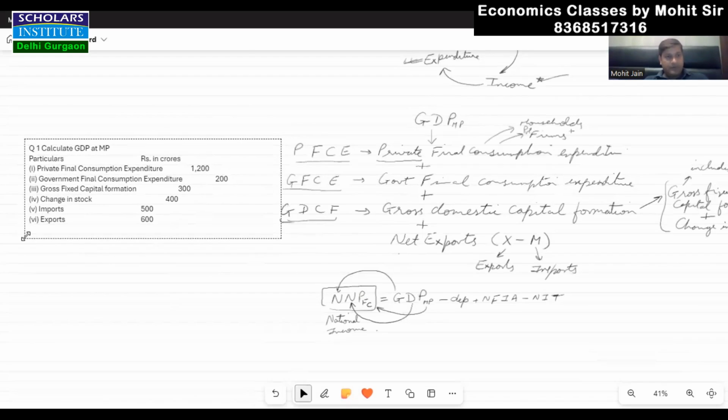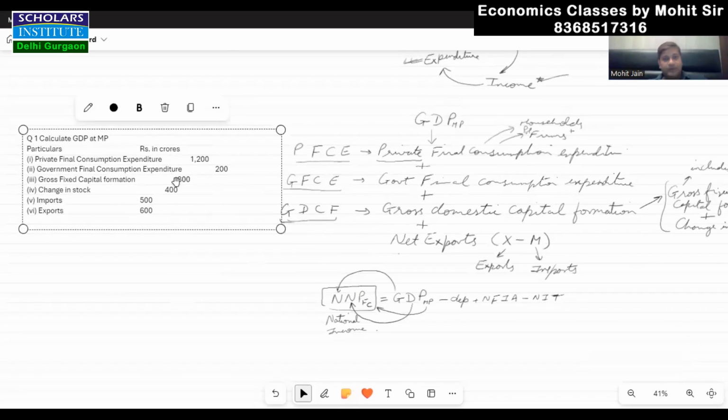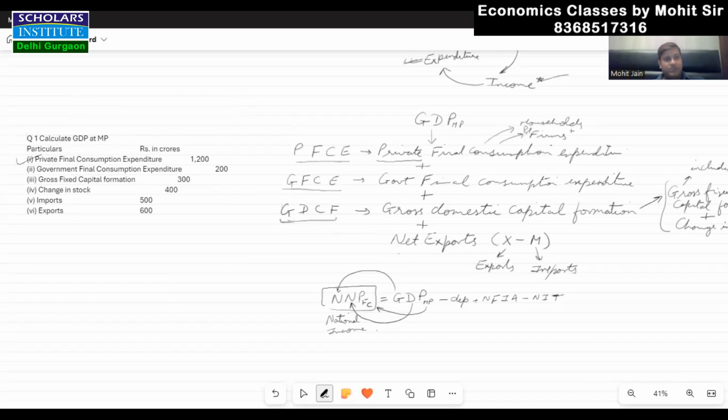So let us look what we have. First, we have to find out GDP-MP. For this, we need private final consumption expenditure. We have private final consumption expenditure here. We also need government final consumption expenditure. We have government final consumption expenditure.